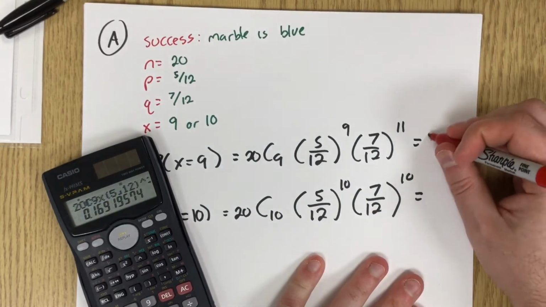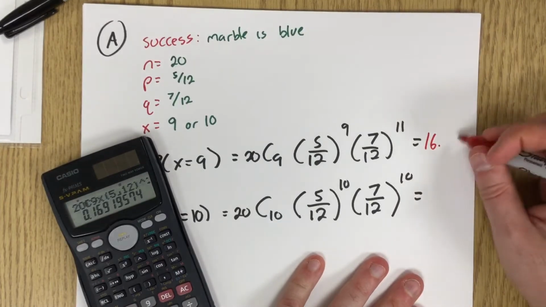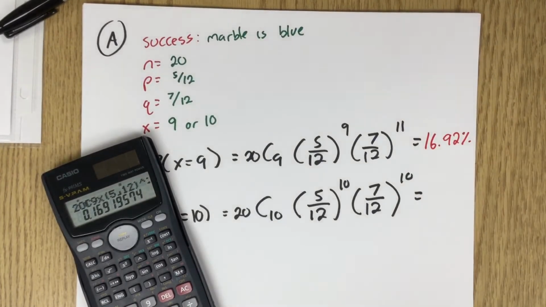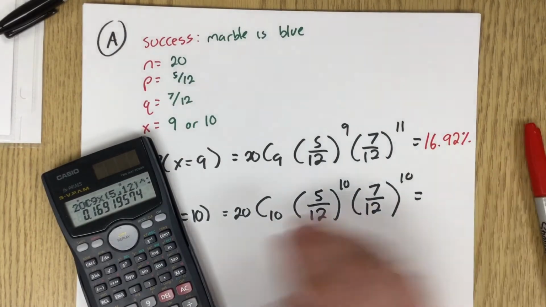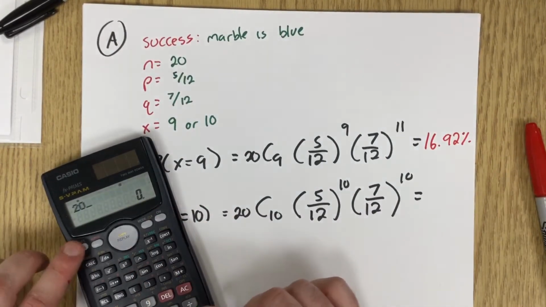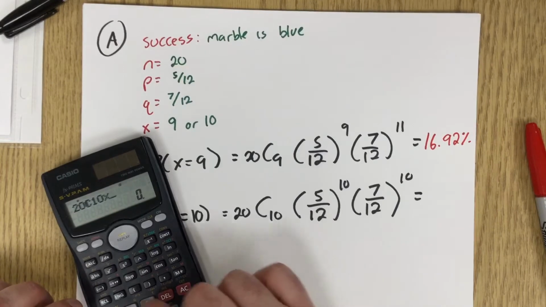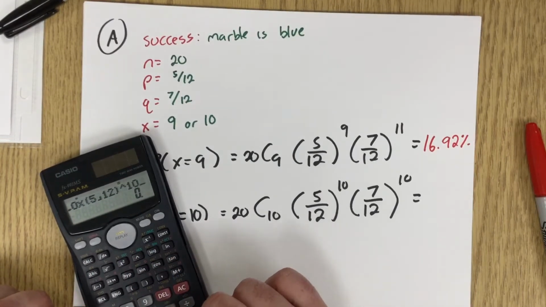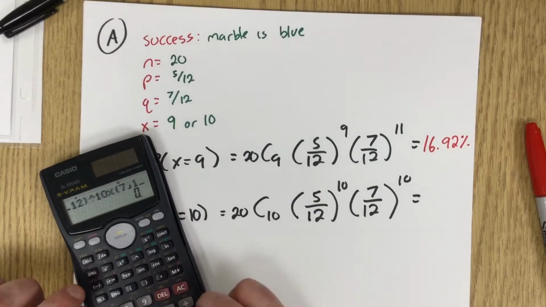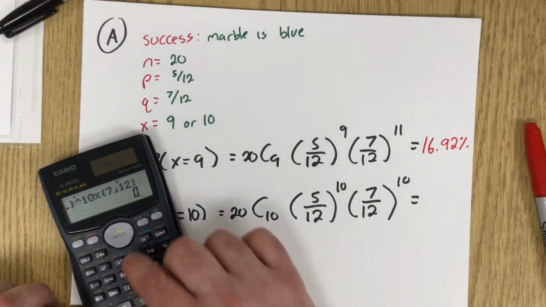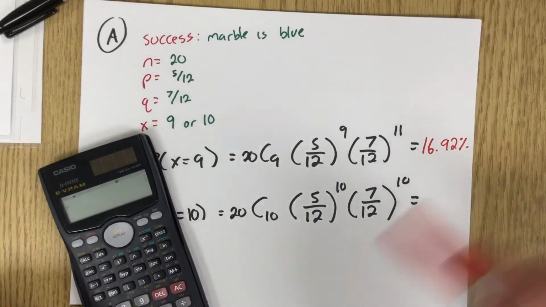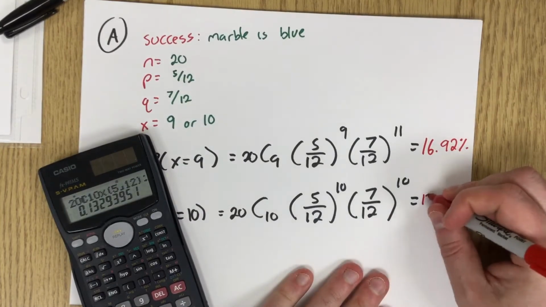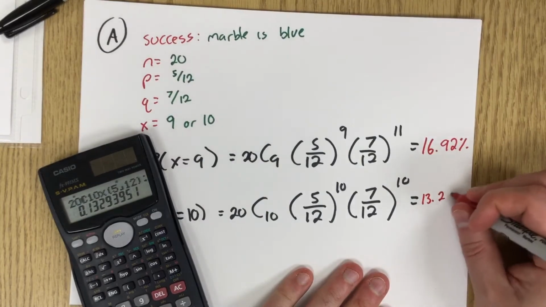And of course, the way you type it on your calculator might be different, so you practice with yours, figure out what works. So 16.92% of that one. And then 20 choose 10 times 5 on 12 to the 10 times 7 on 12 also to the 10. And that one is 13.29%.